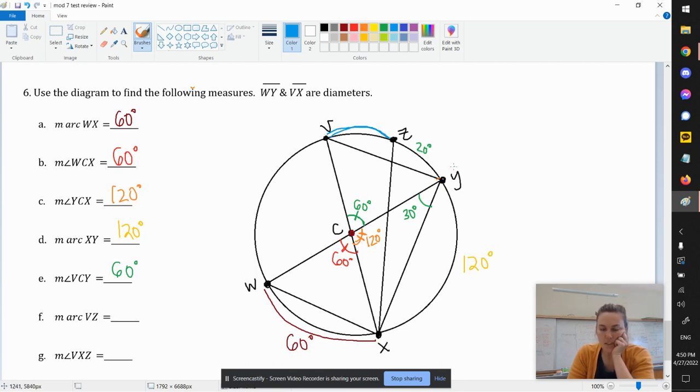If we want arc VZ, we first need to say, what is arc VY? V to Y, we know because we know this angle, right? This is the central angle for arc VY. So this entire thing is 60, which means VZ plus ZY is 60, which means this has to be 40.